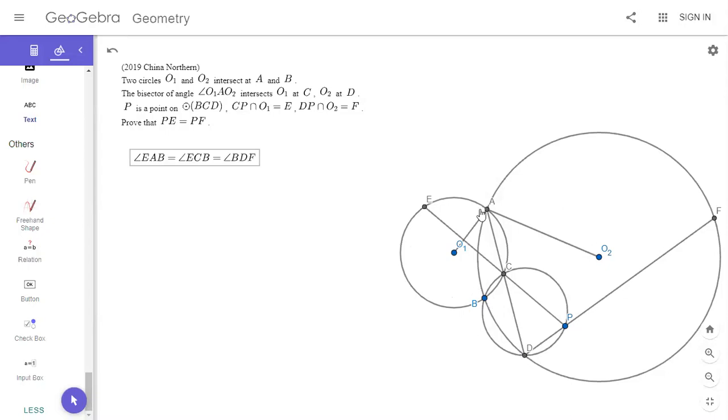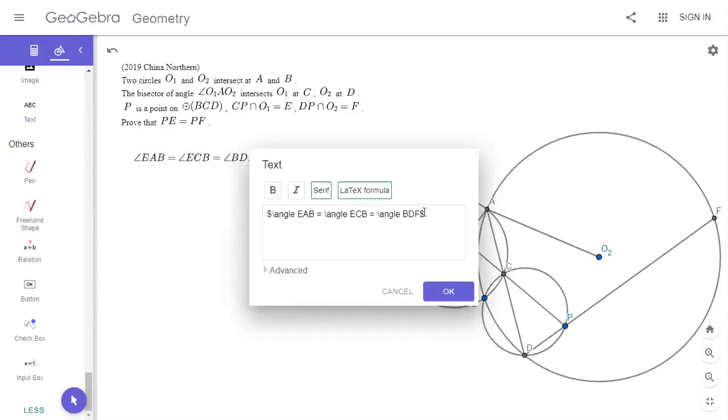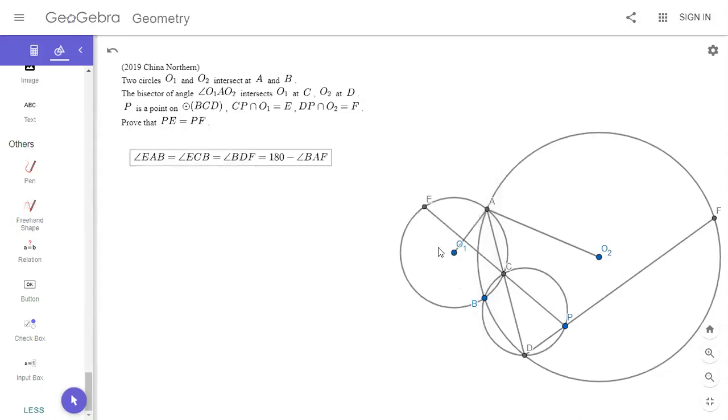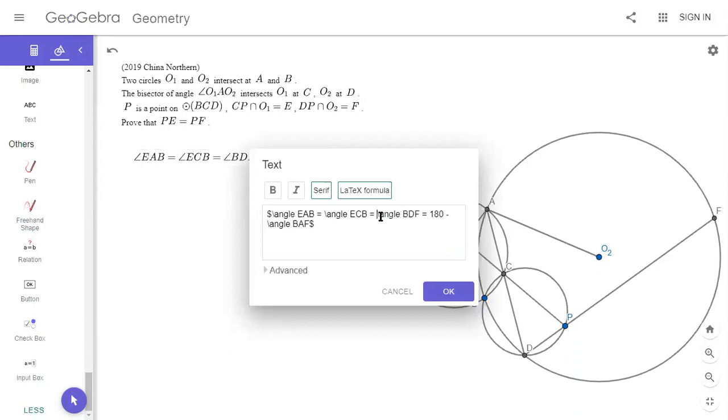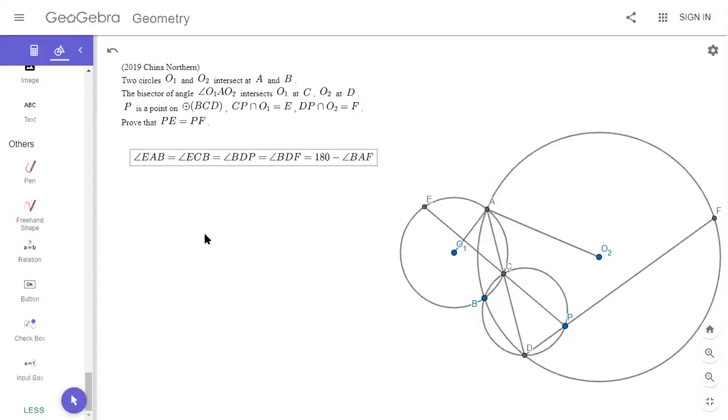Which is 180 minus angle BAF. EAB, ECB. I could just add BDP, why not? All right, so E, A, and F are collinear.